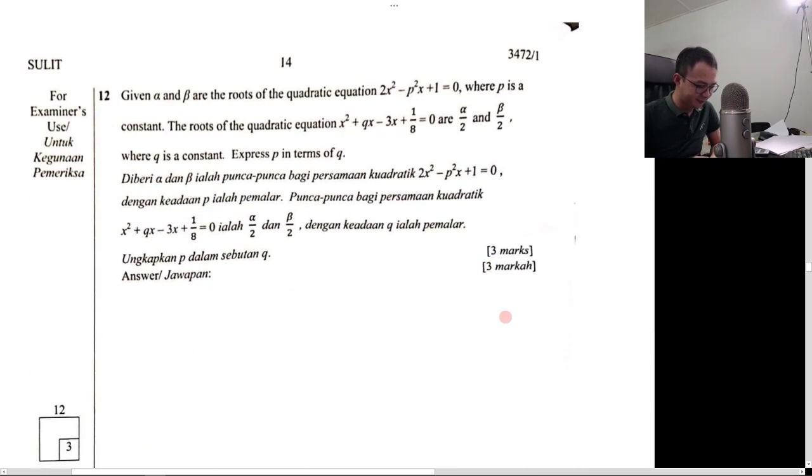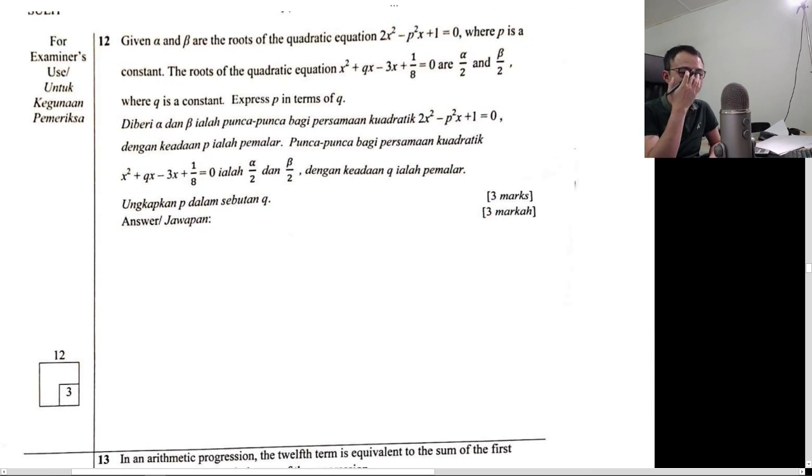Alright, so number 12 here. Can use a number line. You mean you draw out the number line? Yeah, you can use the number line if you understand. Not necessarily must draw the U-shaped diagram. You can use anything as long as you get the same answer as mine.